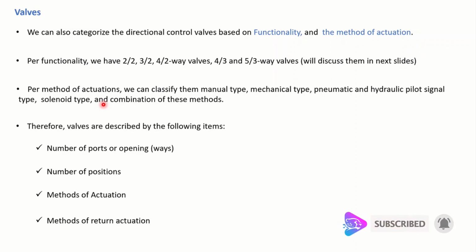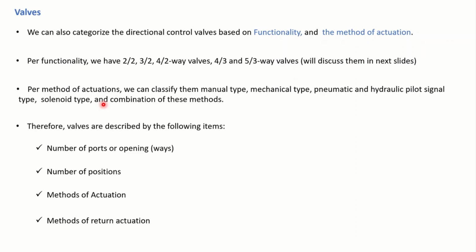That is an important thing which is going to be represented in the naming of that specific directional control valve. How many ports or ways we have for that specific directional control valve. Again, that is going to be basically used in naming and labeling of that directional control valve.